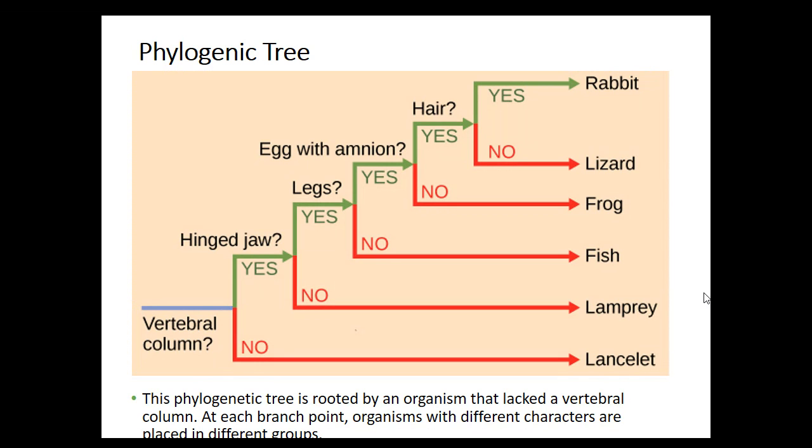And mammals did, lizards have scales. So this is one way that these evolutionary trees are drawn, based on the appearances of certain characteristics along the way.